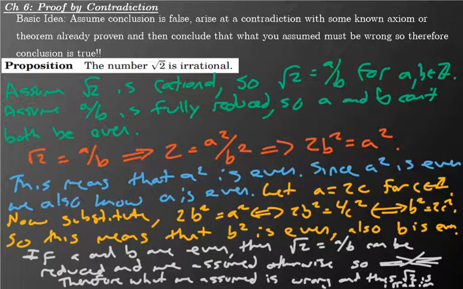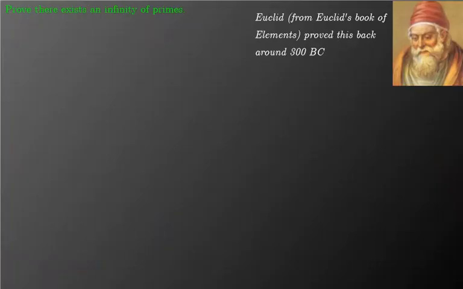So that's a really famous proof. Probably the most famous proof by contradiction is this one, though. And this thing got proven way back in like 300 BC, and it's very straightforward, I think, and is another good example to understand how proof by contradiction works.